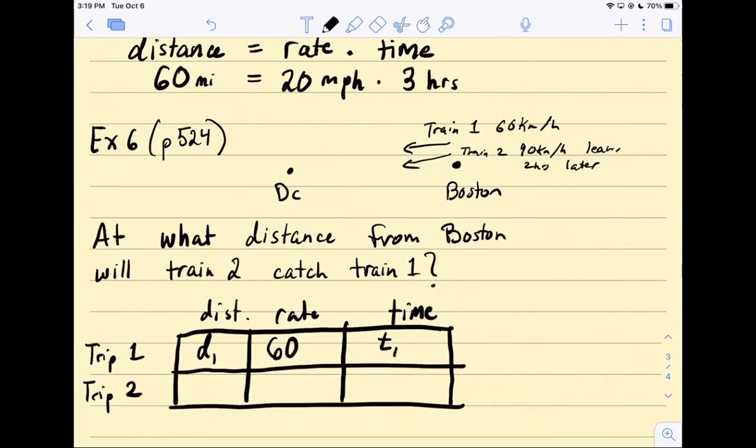Okay. So the next step is the one where you have to think about the situation to see if you need to actually use new variables, or if you can relate the variables, if you can use instead the previous variables. Okay, so for trip 2, what do we know right away? What's something we can plug in without hesitating? 90. We know we're given the rate is 90.